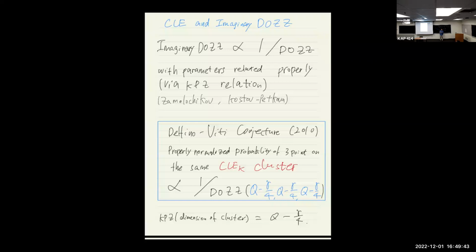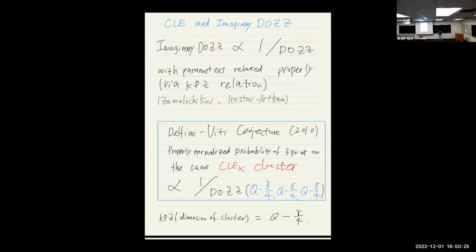So although percolation has some universal scaling limit, if you look at this probability, there are some lattice dependent constants. But you can remove this lattice dependence by considering the following. This is maybe P3, this is P2. So what I'm doing here is I'm using the probability that 3 points are on the same percolation cluster divided by the product of 2 points on the same cluster, and taking a square root.